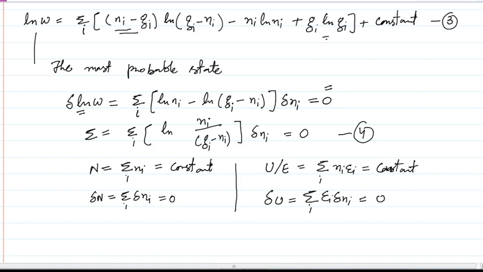Now applying Lagrange's method of undetermined multipliers.